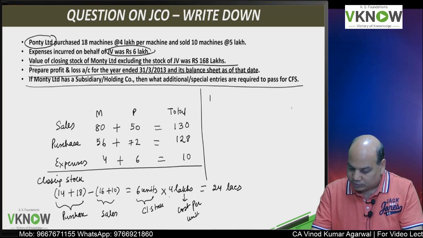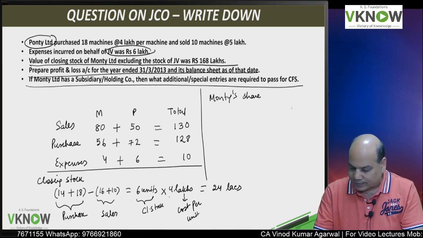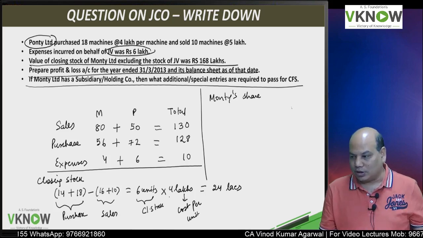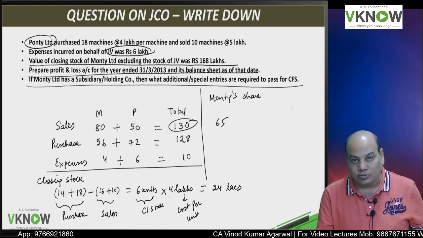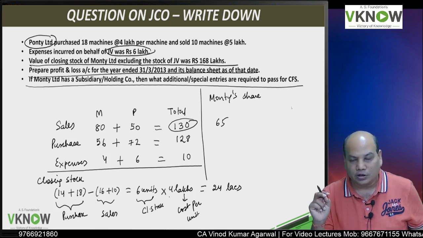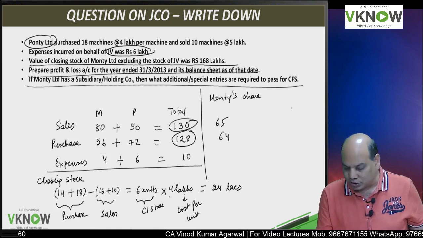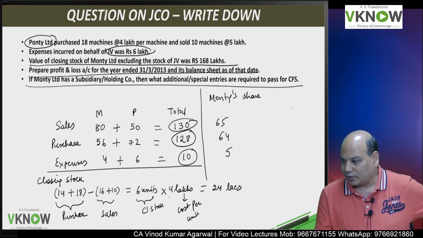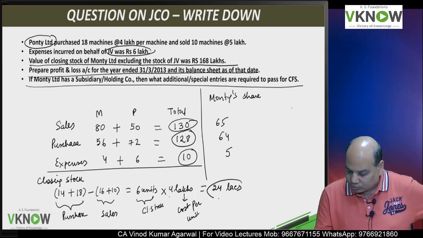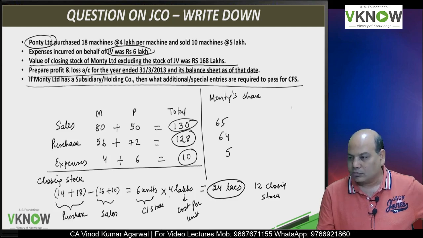Now what will be Monty's share? They have agreed to share equally. So Monty's share would be 130 divided by 2. Monty would record a sale of 65. Monty would record a purchase of 64. And Monty would record expense of 5. And Monty would record closing stock of joint venture 12.